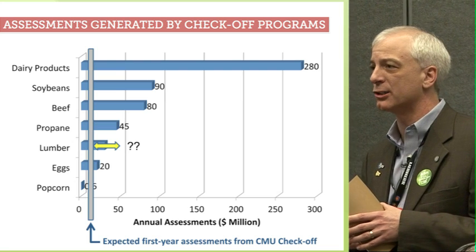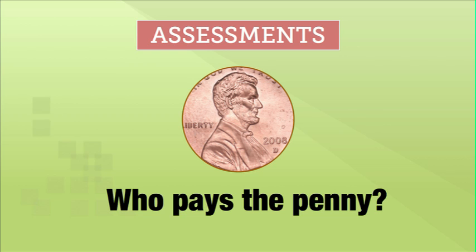if it demonstrates that the programs are successful in increasing market share. The question that we got is, who pays the penny? Now, the legal obligation is truly on the block producer to contribute and submit the assessments on every single block that is sold within the United States. That's the actual responsibility: the block producer remits that on a quarterly basis into the check-off program.